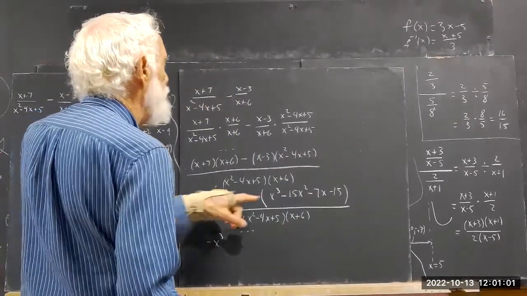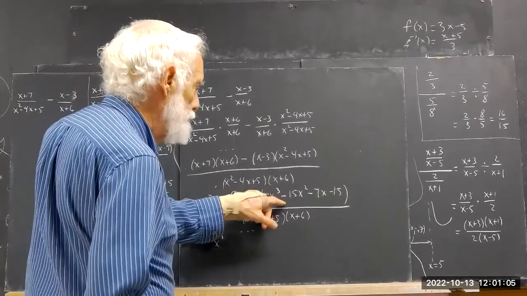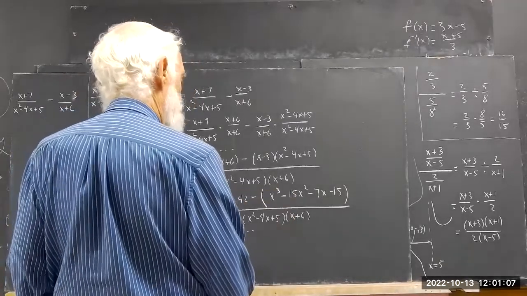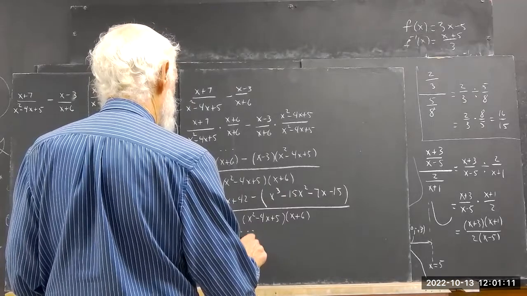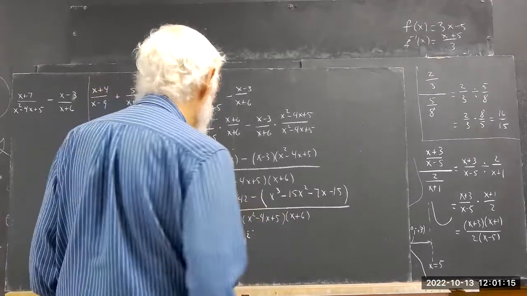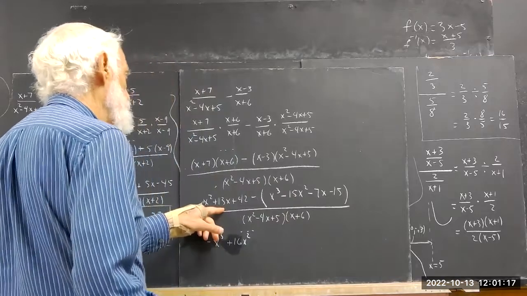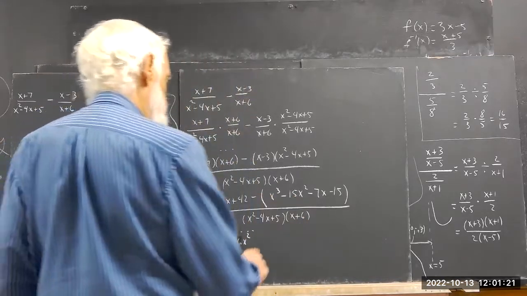So we got this. What do we have on x squared? We've got an x squared and a negative of a negative 15x squared. That's a plus 15x squared. So I think we've got 16x squared, 1 here and plus 15 here. And then 13x and minus a negative 7x is 13x plus 7x.